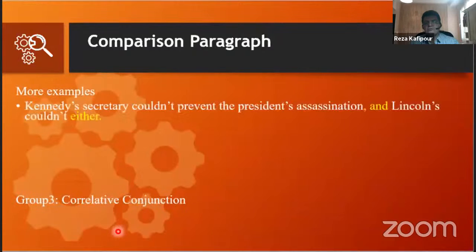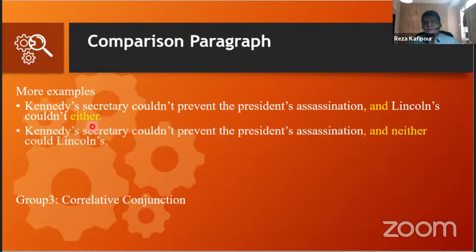So some more examples again with different auxiliary verbs. For example, Kennedy's secretary couldn't prevent the president's assassination. By "and either" we say and Lincoln, that means Lincoln's secretary couldn't either. Auxiliary verb in negative form and "either" at the end. Or Kennedy's secretary couldn't prevent the president's assassination and neither could Lincoln's secretary, where we use the short form Lincoln's.